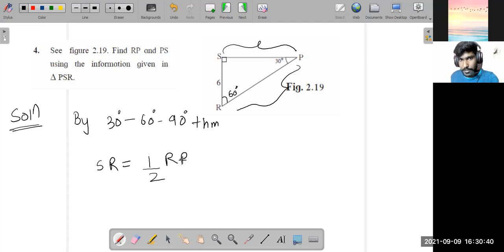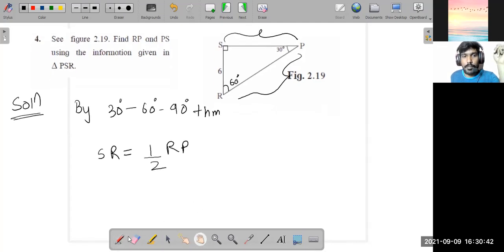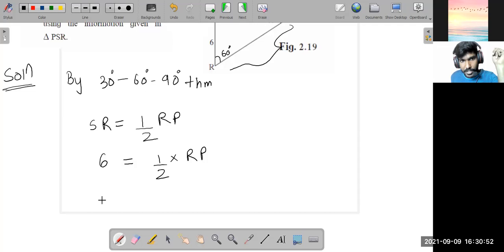Hypotenuse is RP. SR is given, that is 6. So 6 is equal to half into RP. Take this 2 that side, it will get multiplied. So 6 into 2 is equal to RP. So RP is equal to 12.